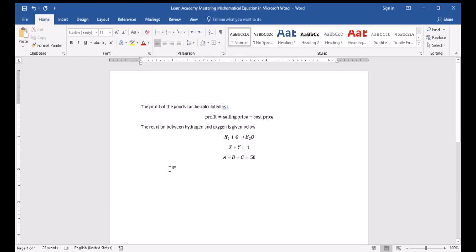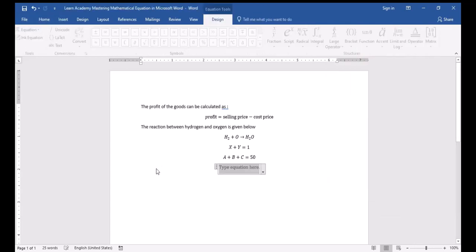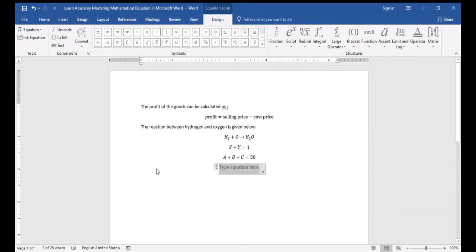I can even go as far as trying to type x squared plus y squared equals 1. So I press my shortcut Alt N, E, I, and it brings it there. Then instead of moving my cursor to the fraction or the script option, because I need to type x squared first, I can simply type Alt.